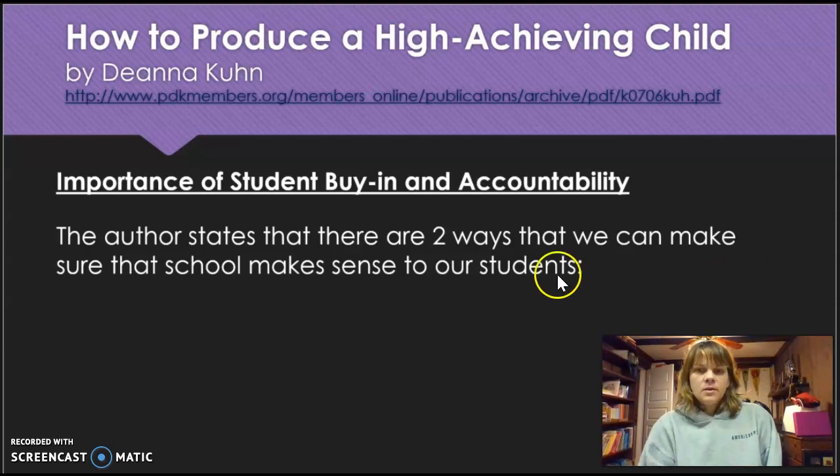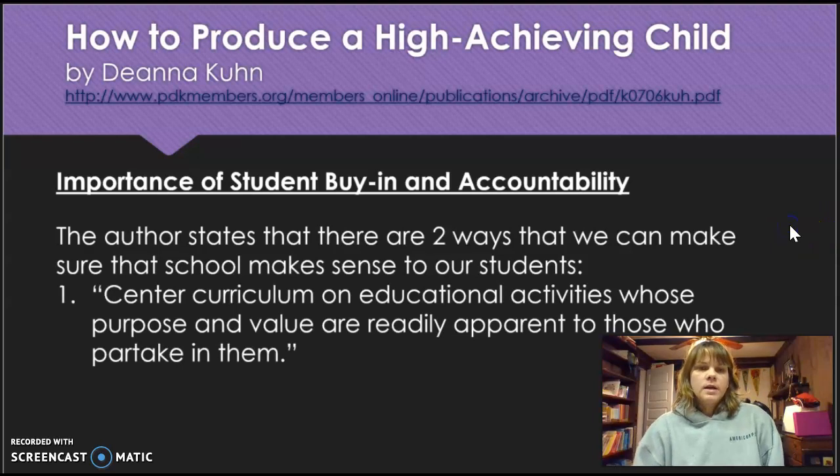Ms. Kuhn states that there are two ways we can make sure that schools make sense to students. One is to center the curriculum on educational activities whose purpose and value are readily apparent to those who partake in them. Students should know why we're asking them to do assignments, why it's important, and why it's important to them.